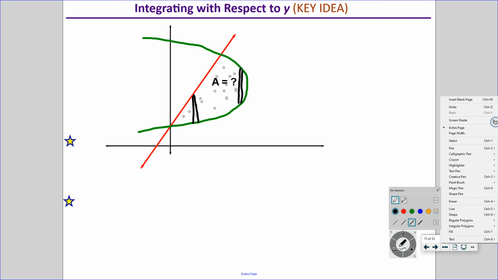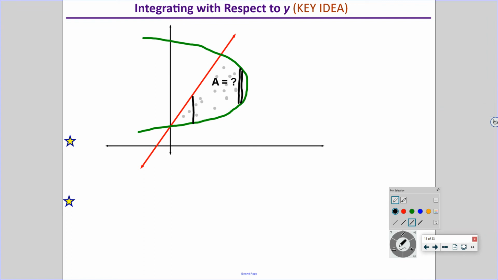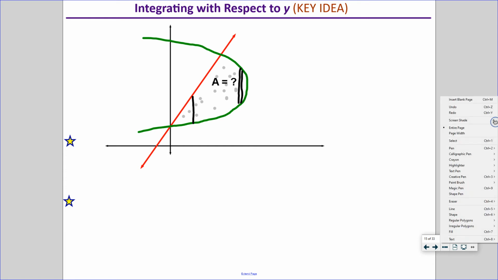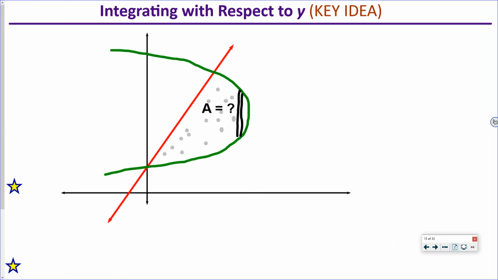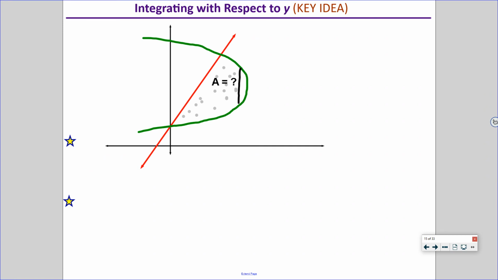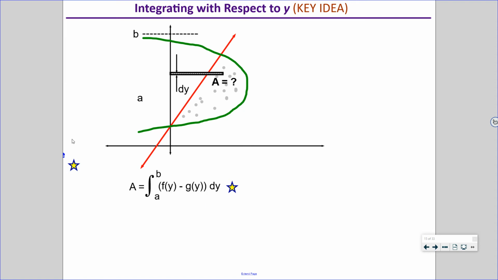And you might think, all right, well, instead of drawing vertical strips, you'll notice if I were to draw horizontal strips, that's what this is. Wait, no, that's not what I want. This.